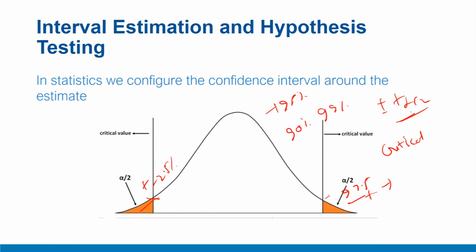Once you compute these critical t values, you compare them with the t value that is obtained in the sample. So you compute a sample t value for your sample, and if this t value is larger than plus minus t alpha by 2, that means it falls either on the right side in the critical region or on the left side of the critical region, then you reject the null. That means you say that the estimate, beta 1 hat or beta 2 hat or whatever is under consideration, is significantly different from 0.